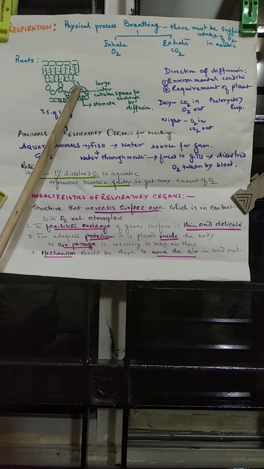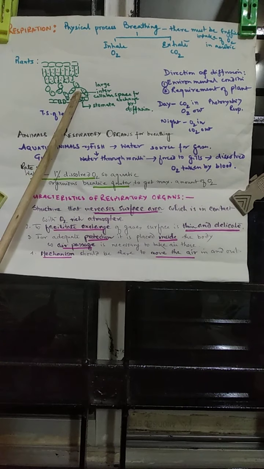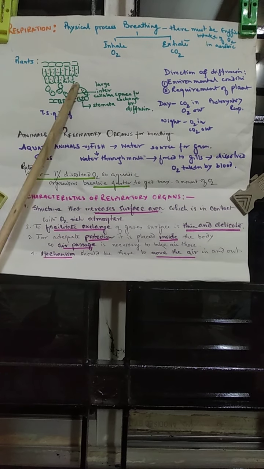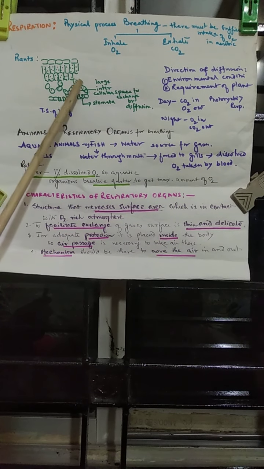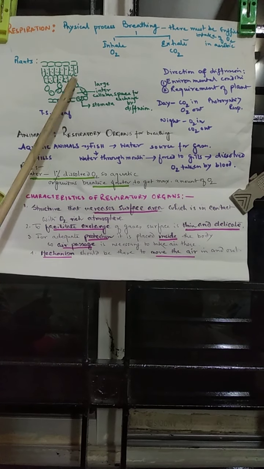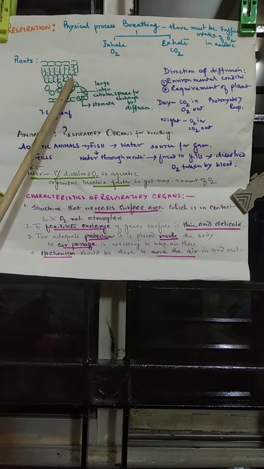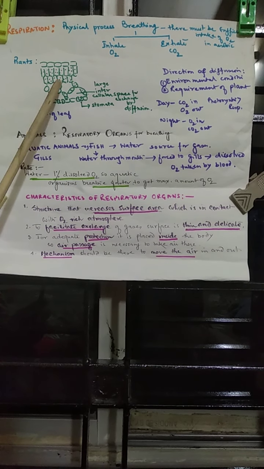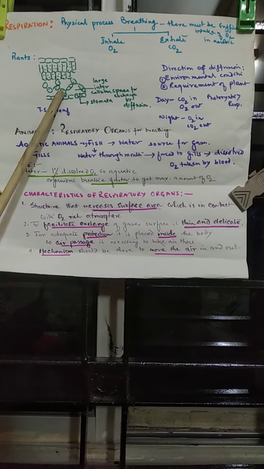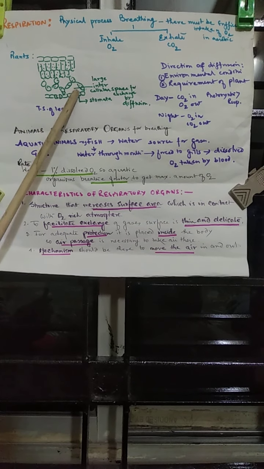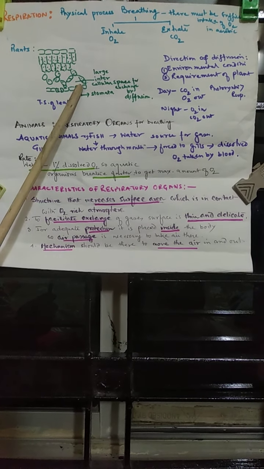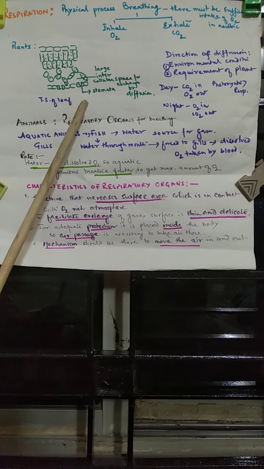This space is called the substomatal space, and it is filled with air. It is a region from where the cells take oxygen or give out carbon dioxide. So exchange of gases occurs in these intercellular spaces, and finally the gas is released from the stomata.